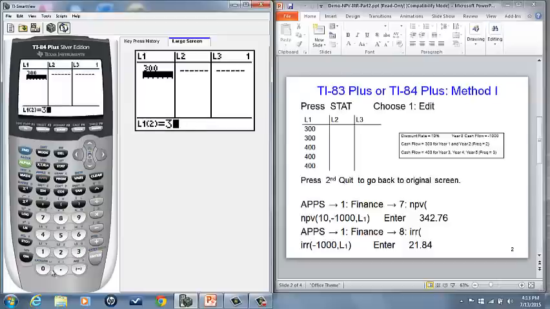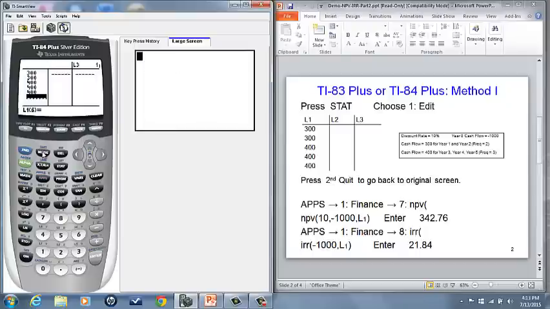Year 2 cash flow 300, year 3 cash flow 400, year 4 cash flow 400, year 5 cash flow 400, and enter. And then after that, we press 2nd QUIT to go back to the original screen.